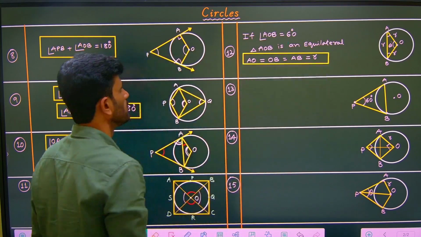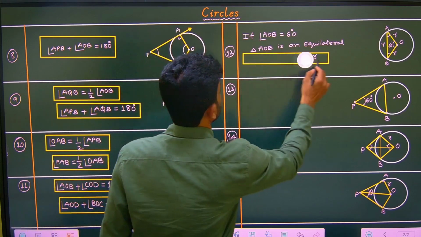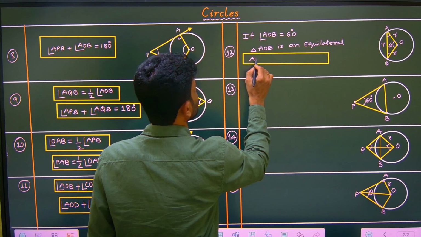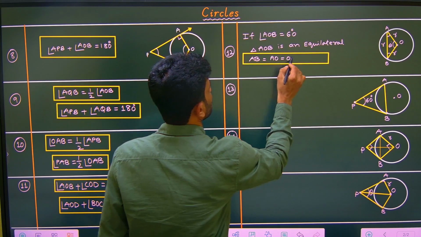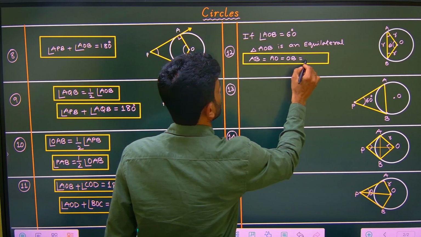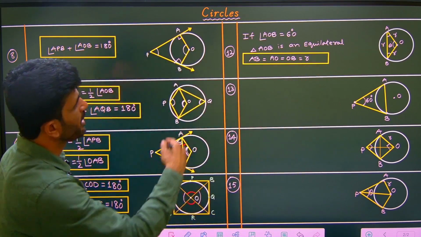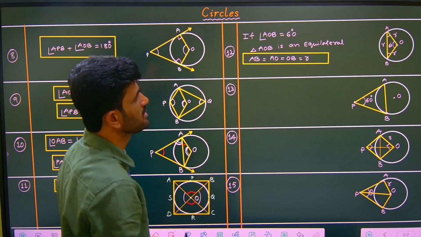Now next one. I'll write it again, so better you take a screenshot to remember all these. Right, now coming to the next one. In the previous one, the 12th formula, we have seen the angle at the center is 60 degrees.